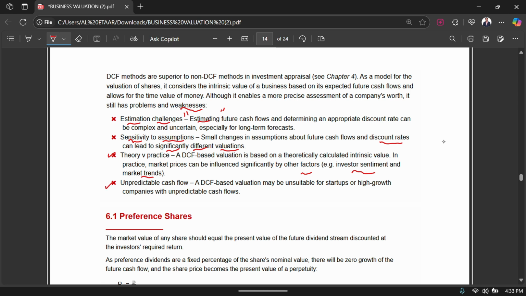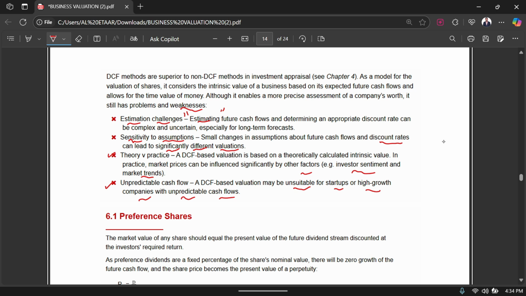And then the fourth one says unpredictable cash flows. A discounted cash flow based valuation may be unsuitable for startups or high growth companies with unpredictable cash flows. So what they're trying to say is that this method only works for companies which have a constant or predictable cash flow, which is only the case for big companies.